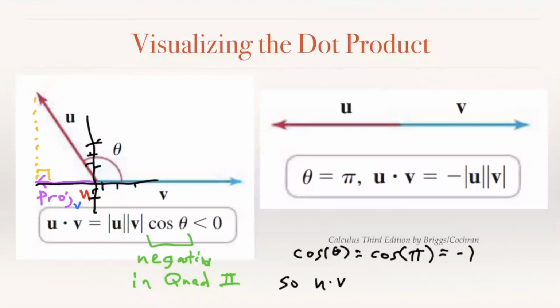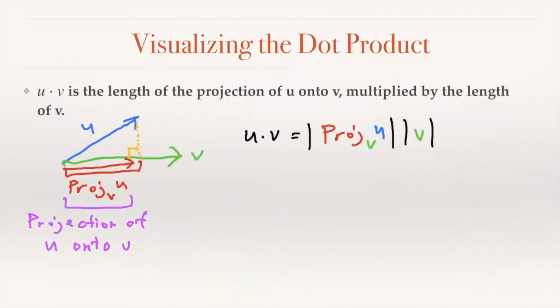So u dot v is magnitude of u times magnitude of v times cosine of pi, which is negative magnitude of u times magnitude of v. So I introduced it this way for a bit of simplicity, but technically we need to add a plus or minus sign, and it is negative if the angle is obtuse. But if the angle is acute like this, then it's positive. And just remember that if the angle is obtuse, then it's negative.